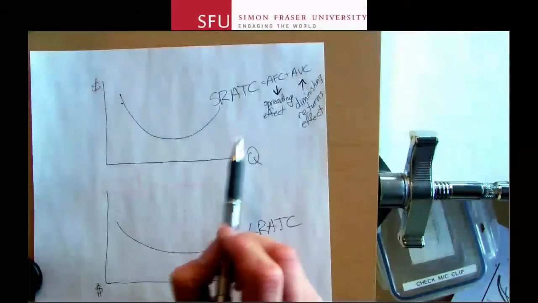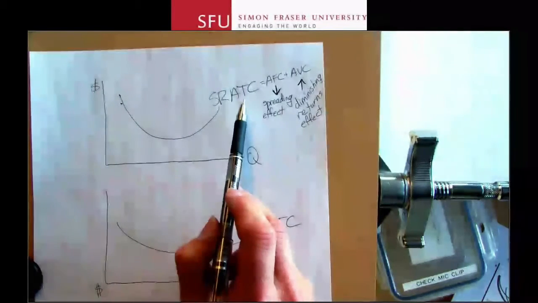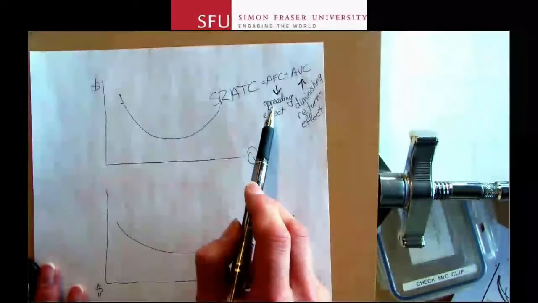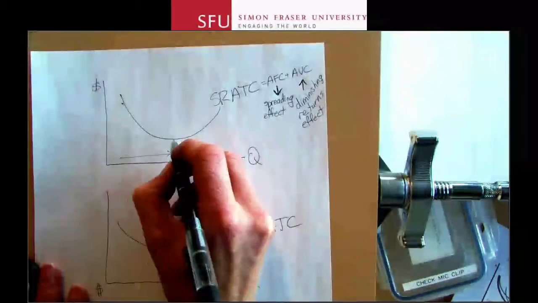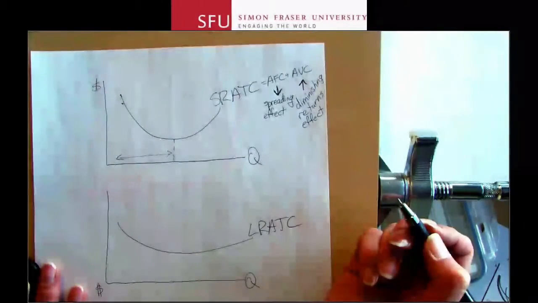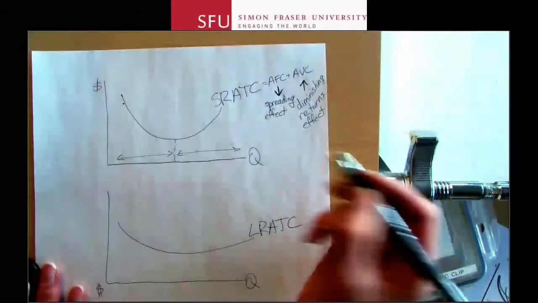So what happens to the average total cost just depends on which of these two effects is stronger. So from here to here, so up to the minimum point, the spreading effect is stronger. And then beyond that, the diminishing returns effect is stronger.